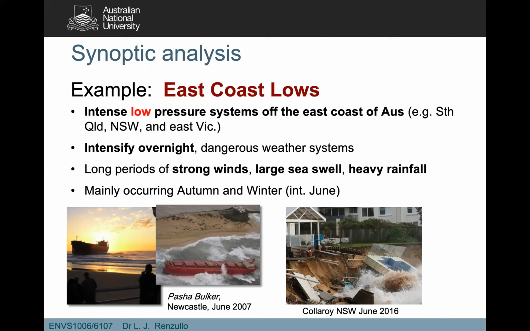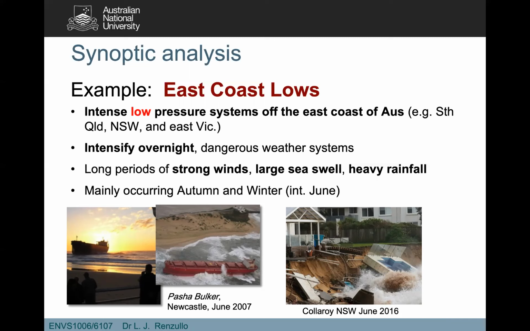This is an area off the coast with a very strong low pressure system. On a mean sea level pressure map, you'd see very tight isobars around a low pressure system, and that means very strong winds. This particular system parks itself south of Queensland, north of New South Wales, or to the east of Victoria. So they're typically found off the east coast.